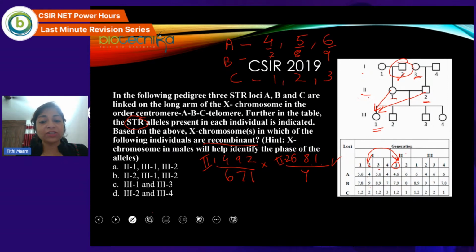That means the one X chromosome that she has inherited from her father will have the combination 4 for A, 9 for B, and 2 for C. So 4-9-2 are present on one X chromosome that 2-1 has received from her father.